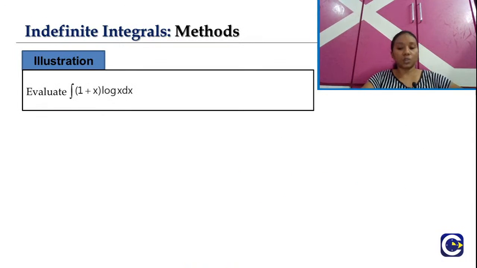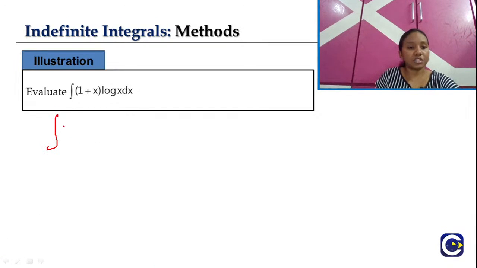So let's solve a question related to integration by parts. The only thing you have to remember in integration by parts is the selection of first and second function, and then directly apply your UV rule of integration. That's it. Let me write the UV rule again.